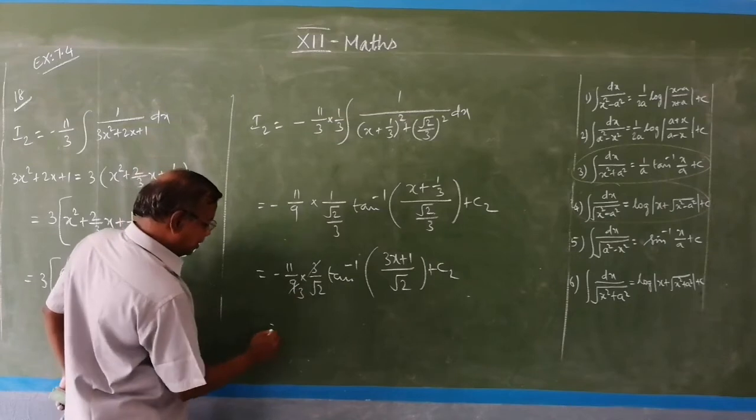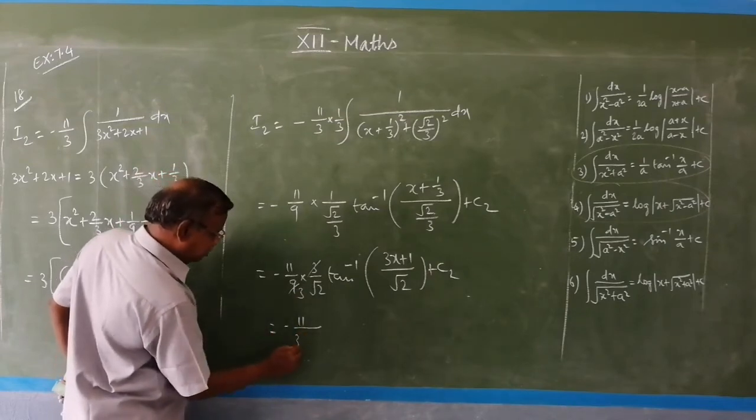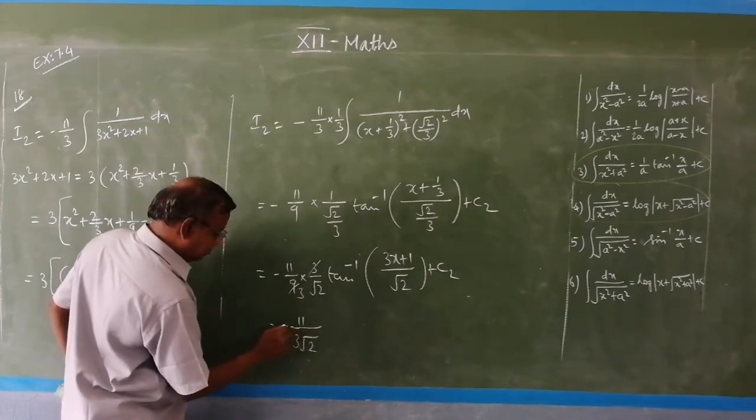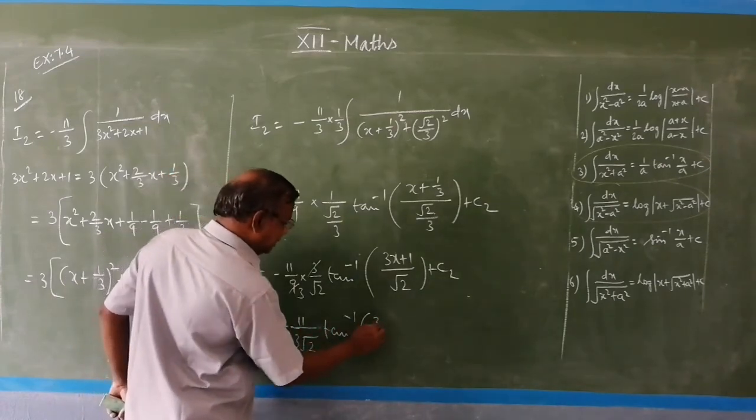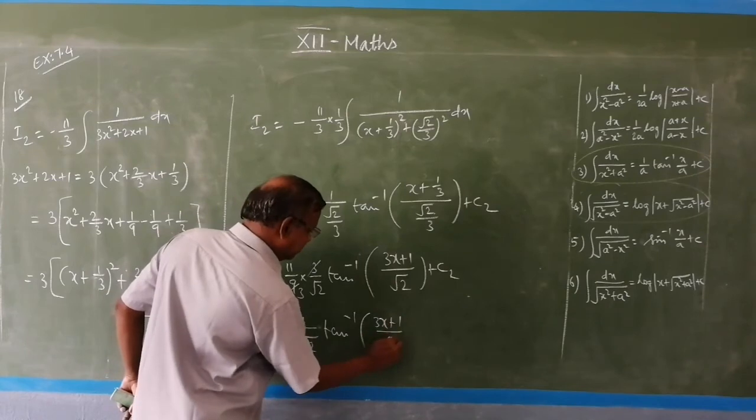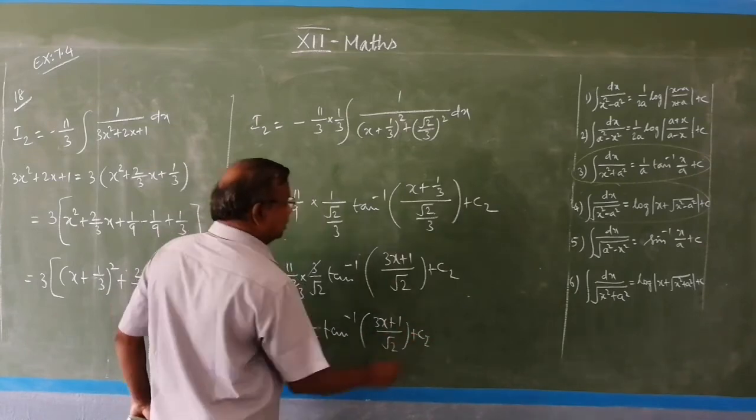So this is minus 11 by 3 root 2 into tan inverse of 3x plus 1 by root 2, plus c2.